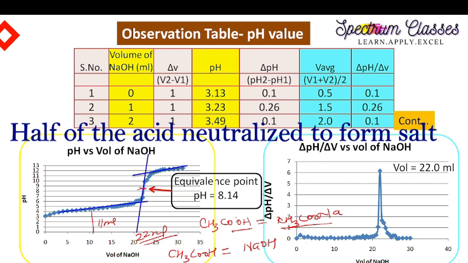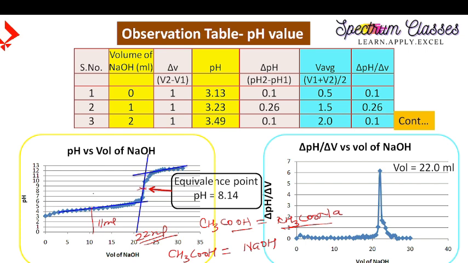So at this moment the pH value is 4 point something. That value corresponds to the pKa of this acetic acid, and this is calculated from the Henderson equation.